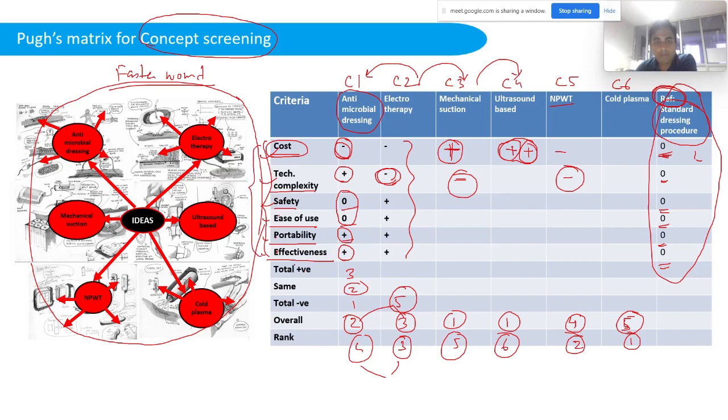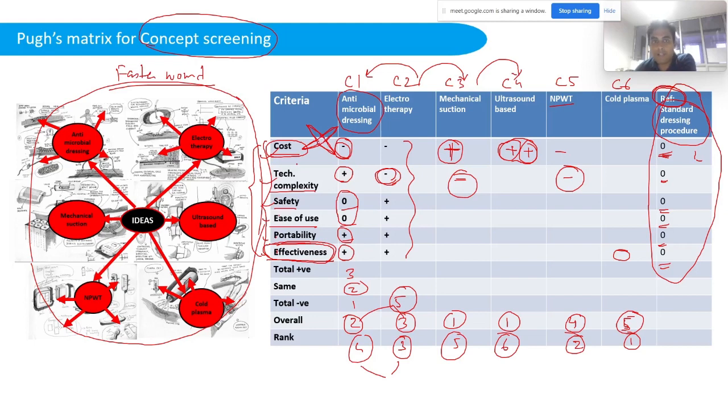Because always, in a medical device, the effectiveness of a treatment is given a higher weightage. Maybe for a particular concept the effectiveness is so high that you can compromise on the cost. For example, for cancer, if some device is effective, you should not look at the cost of that particular concept, because having a 100% effective solution is the key goal in a clinical solution.